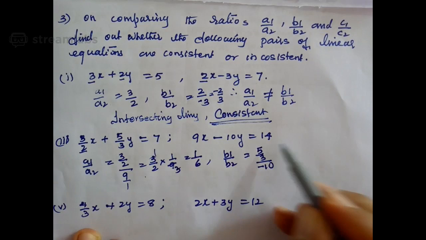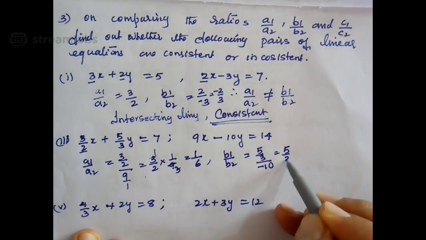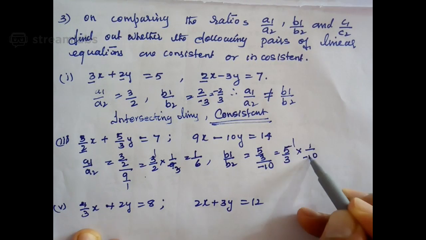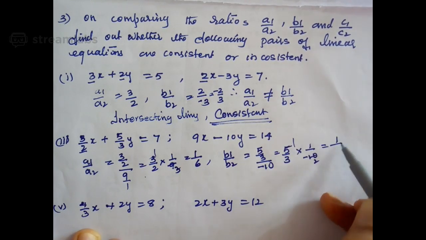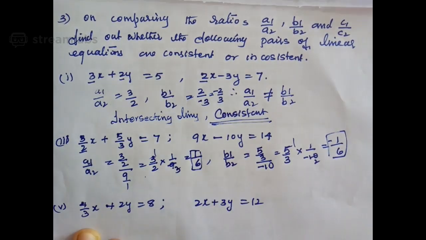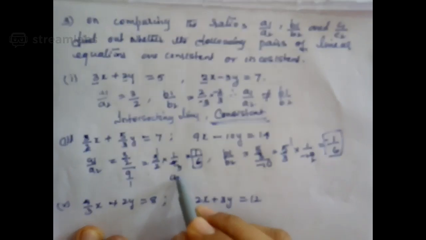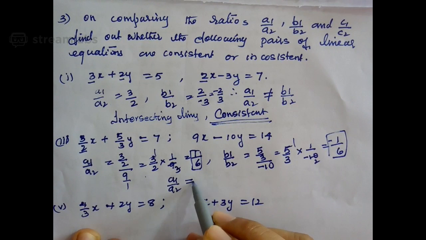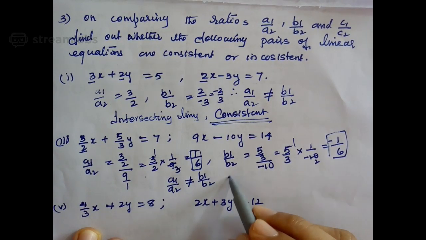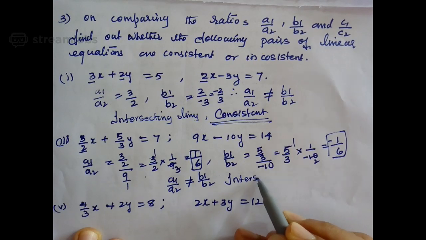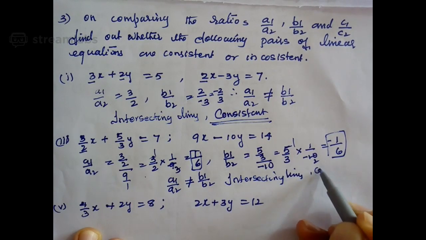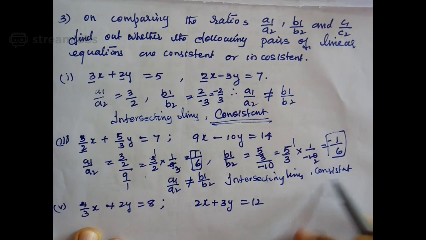That is 5 by 3 into 1 by minus 10. 5 ones are 5, 3 tens are 30, that is minus 1 by 6. And this is 1 by 6. From this what we can conclude? a1 by a2 is not equal to b1 by b2. Therefore they are intersecting lines and it is consistent, isn't it?